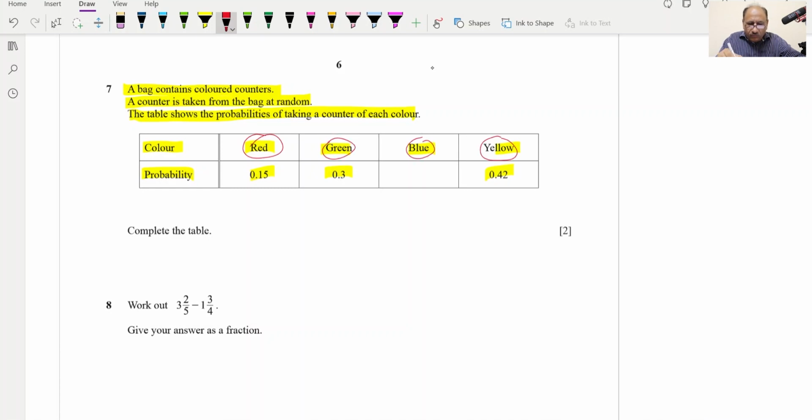So out of 4, 3 probabilities are given. What we can do is add them and subtract from 1.